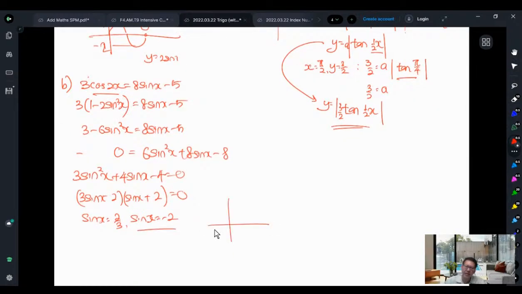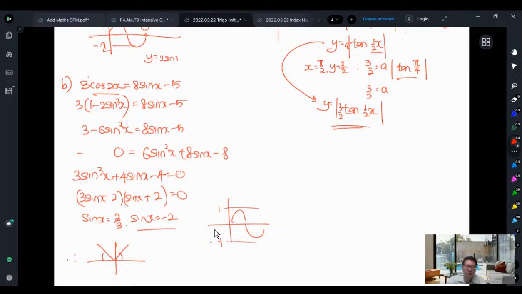Sine x cannot be negative 2. Sine x maximum is positive 1 and minimum is negative 1, so it's not possible. So sine x is positive 2 over 3. I'll put it in the calculator. Remember, just now I put in radian. Now I need to change it back. Always be careful.